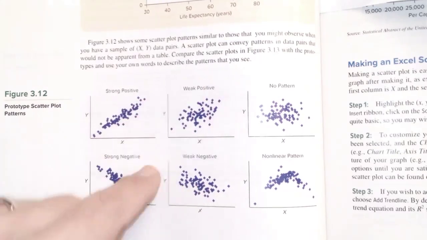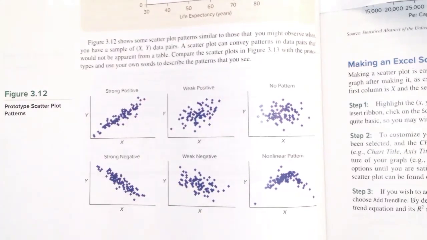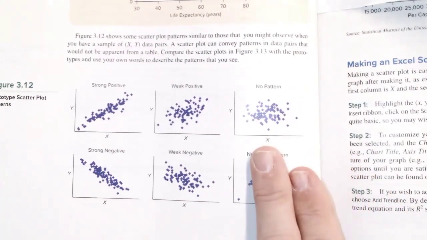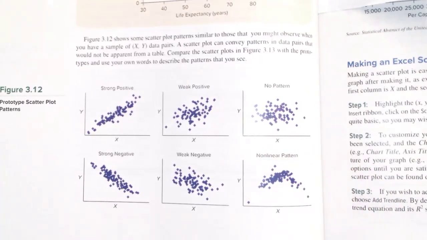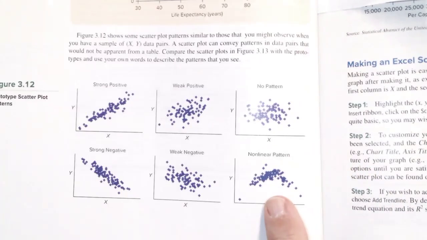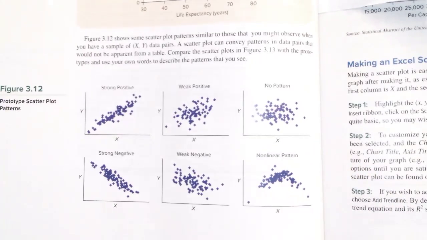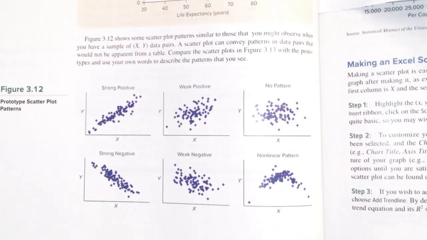Again, whether it's weakly positive or weakly negative, over here in the upper right, they say it's no pattern. I don't see any clearly positive direction to this. I don't see any clearly negative direction to this. Here I see a relationship, but it doesn't look like a straight line anymore. It looks like it started out going up and then it started to come down afterwards. We can fit curves to these.